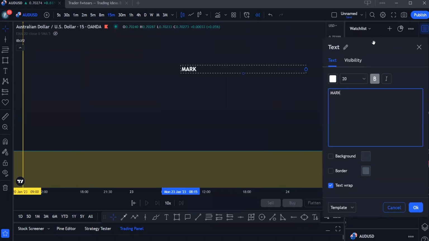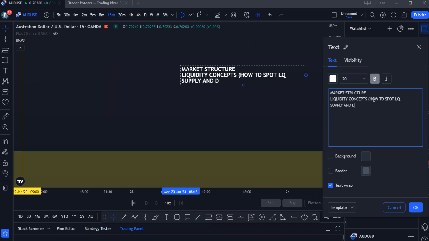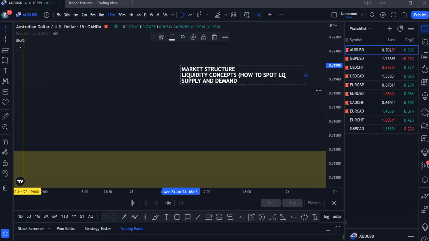You want to learn market structure, learn liquidity concepts, right? Which is pretty much how to spot liquidity, and then supply and demand, okay? Which is how to spot supply and demand on your chart, and then how to actually mark it out.